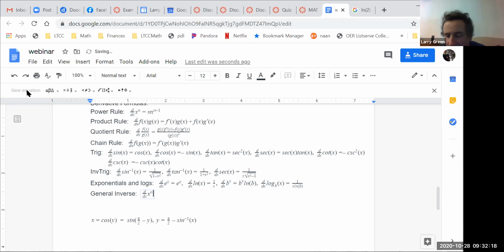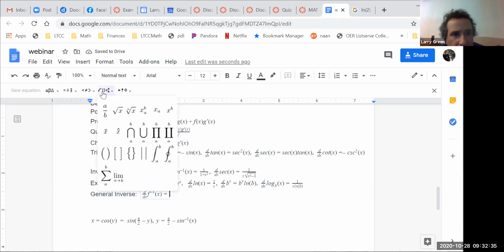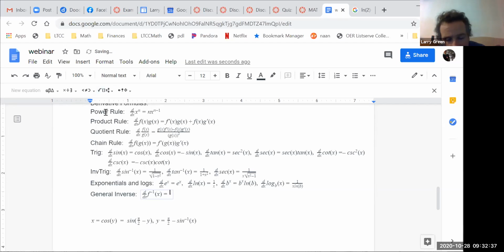And that is that the derivative of f inverse of x was equal to 1 over the derivative of f evaluated at f inverse of x.